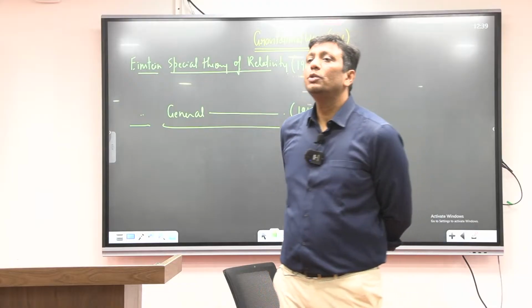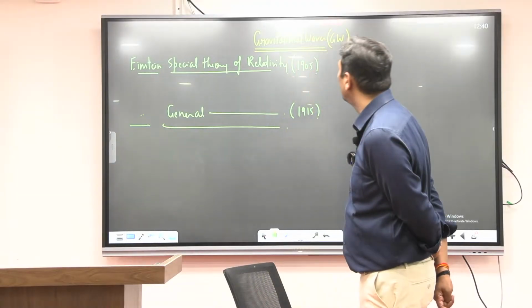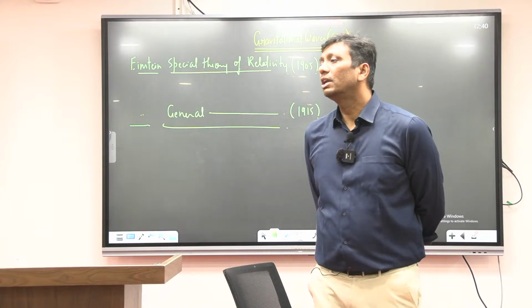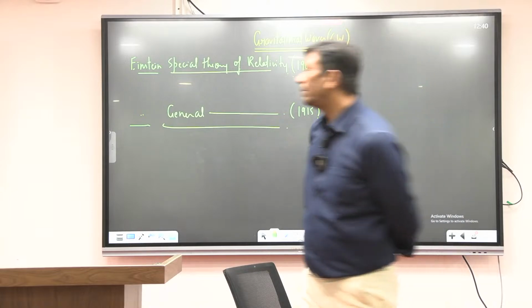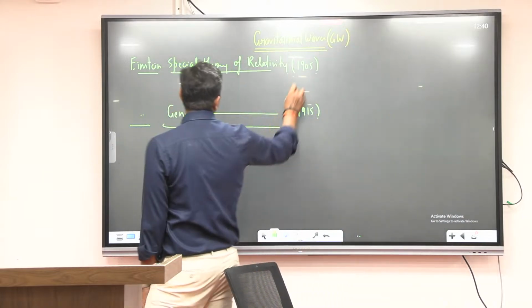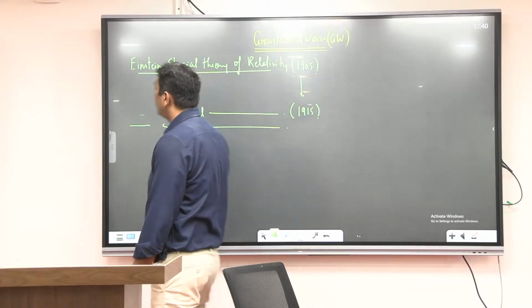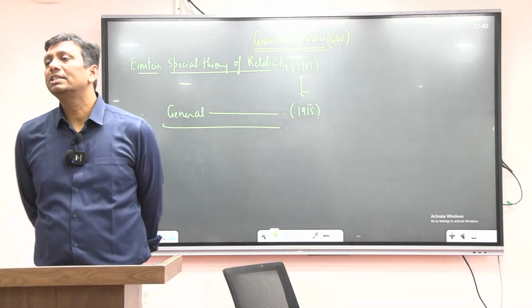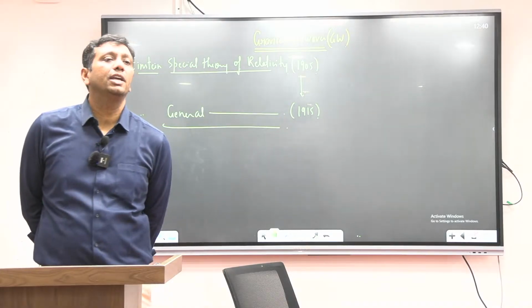And that is the reason, to improve his own mistake, another theory was brought. And what is that theory? The general theory of relativity. After 10 years this paper was published, in 1915. The theory was brought in 1914, but officially the year is 1915.